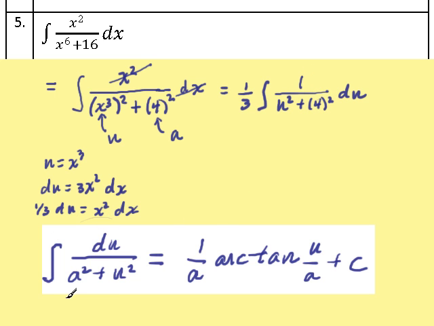So we have something exactly of this form, and we can now go ahead and integrate. So I'll just put that 1/3 in front. Here we have 1 over a, so in our case that's 1 over 4. Arctan, u is equal to x cubed, over a, and a is 4, plus c.